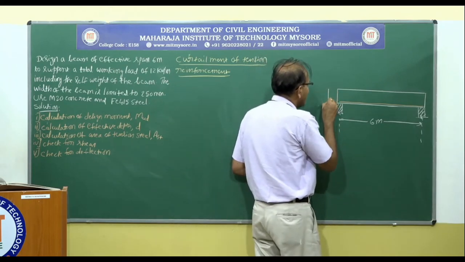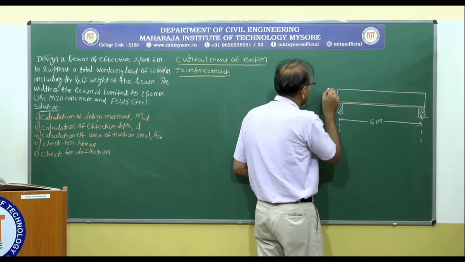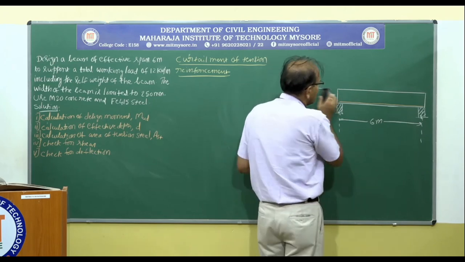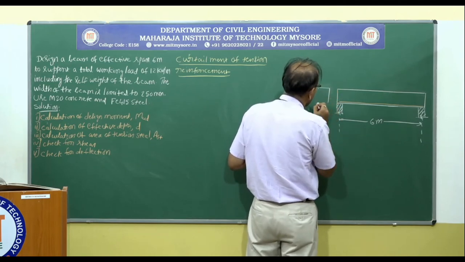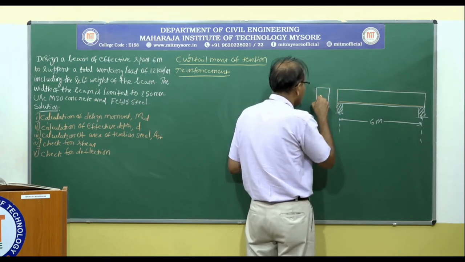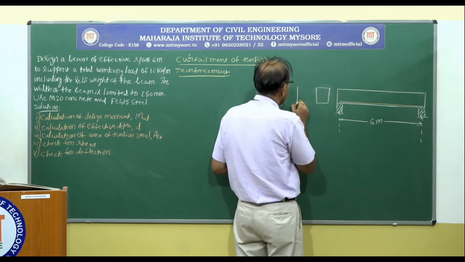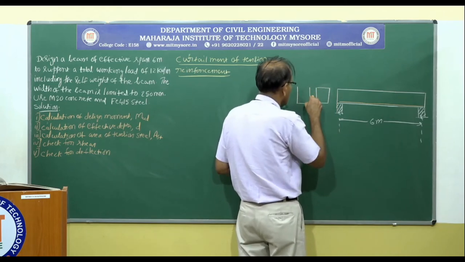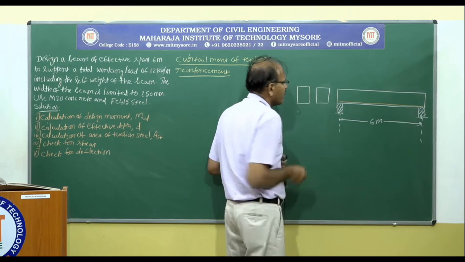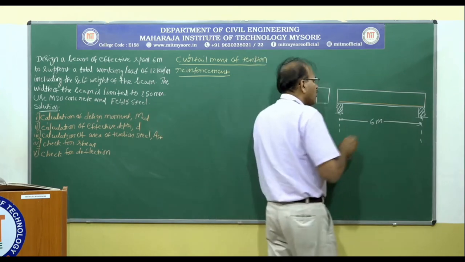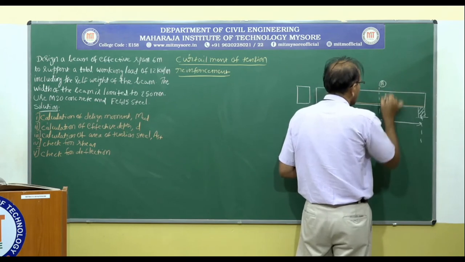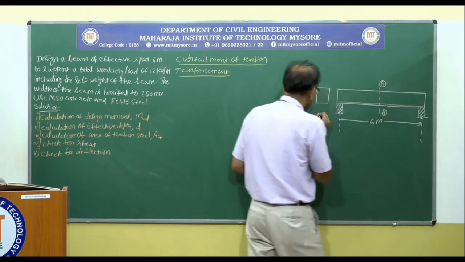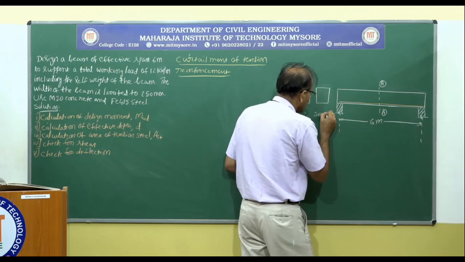So if I take the cross section, I am going to show 2 cross sections. I am going to call this section AA.